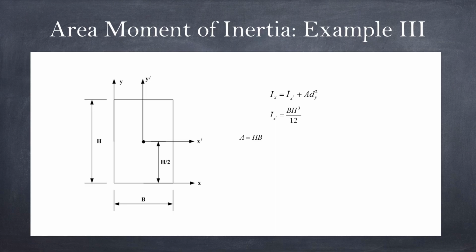A simple rectangle, and then we substitute everything, right? We have that from example 1, we substitute into the parallel axis theorem, and then we have the answer. Notice that this time is much quicker, much easier than setting up integration. Right? So in a way, we use the parallel axis theorem quite often in the calculation of the area moment of inertia.